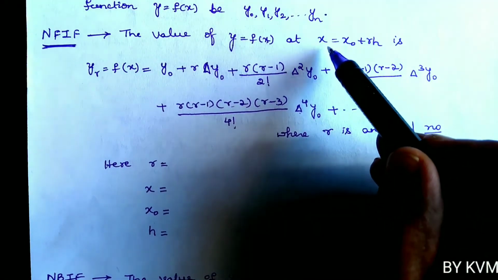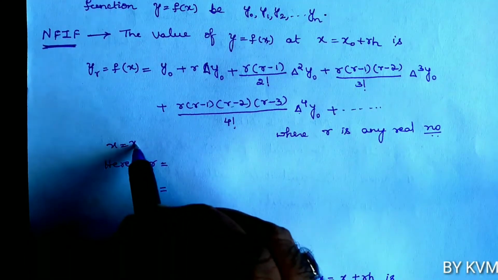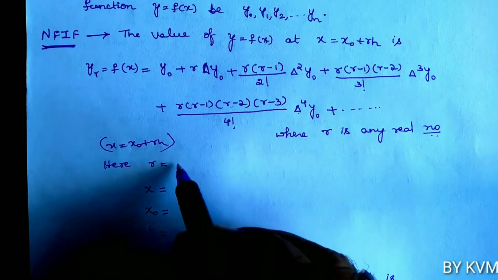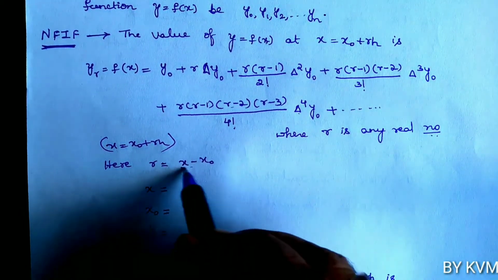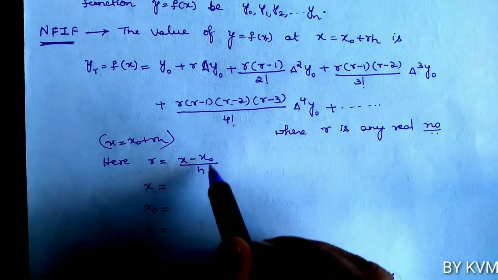So now here x equals x naught plus rh. So r equals x minus x naught by h. So you should remember this, r equals x minus x naught by h.